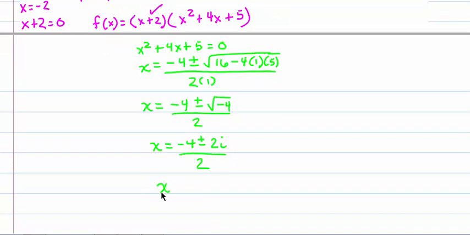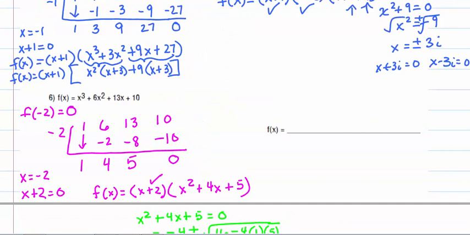My 2 zeros, I get x is equal to negative 2 plus or minus i, which means I have x plus 2 minus i equals 0, and x plus 2 plus i equals 0. Now writing this function as a product of linear factors, I have x plus 2 times x plus 2 minus i times x plus 2 plus i.